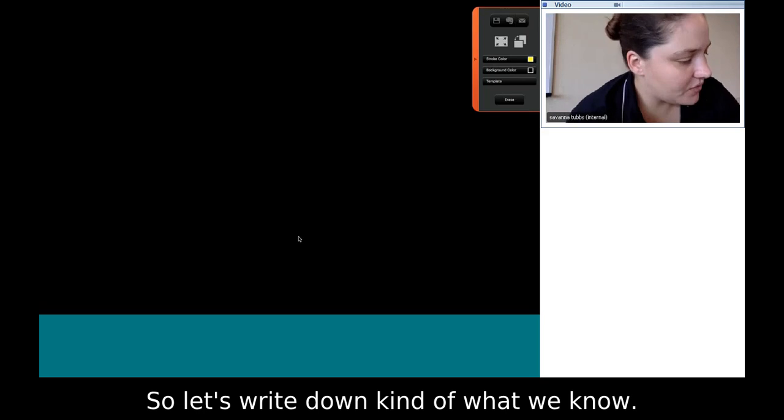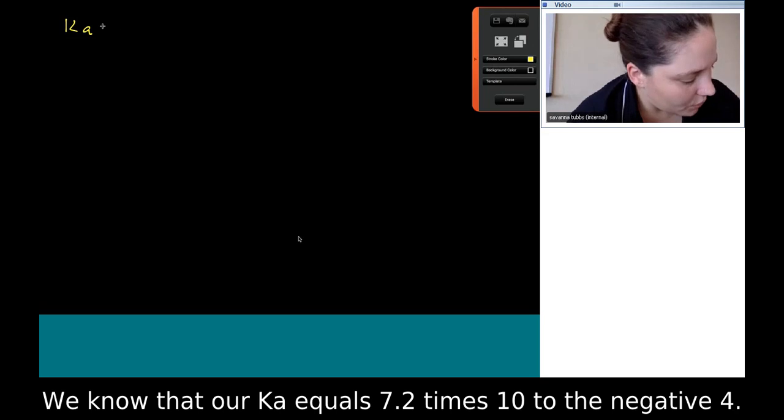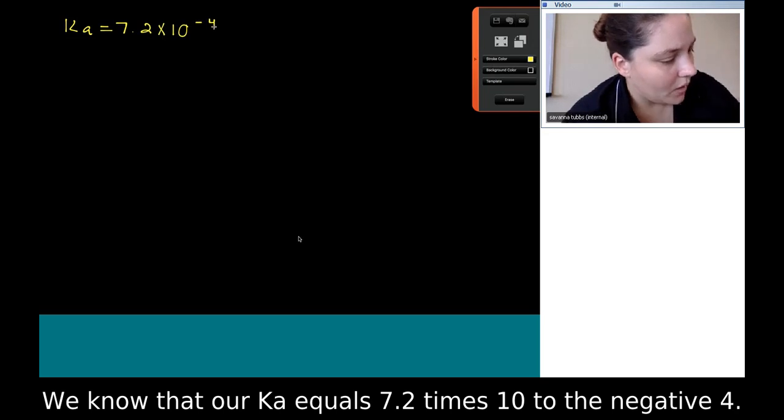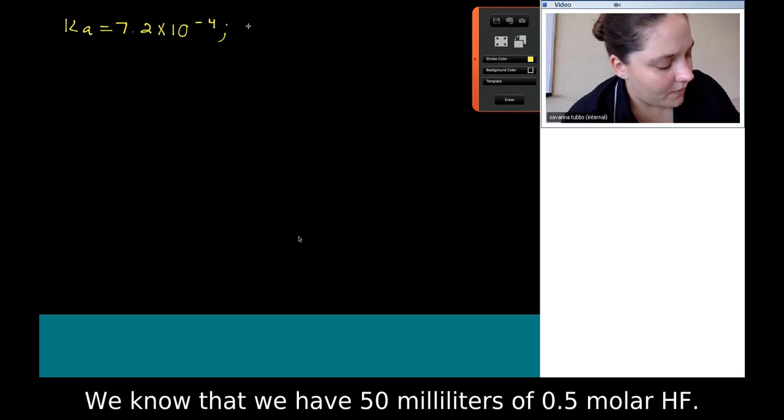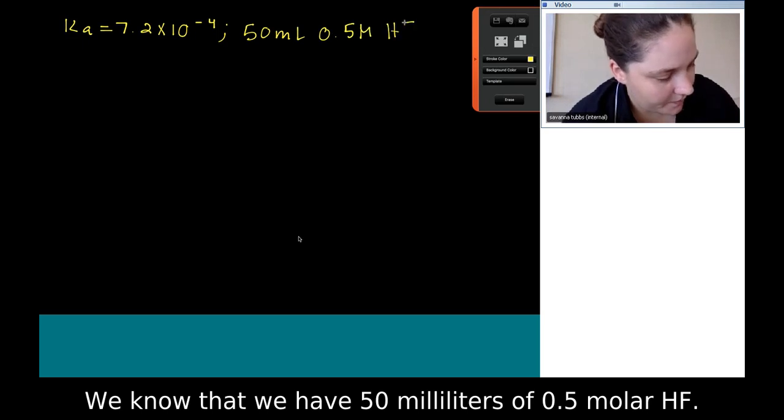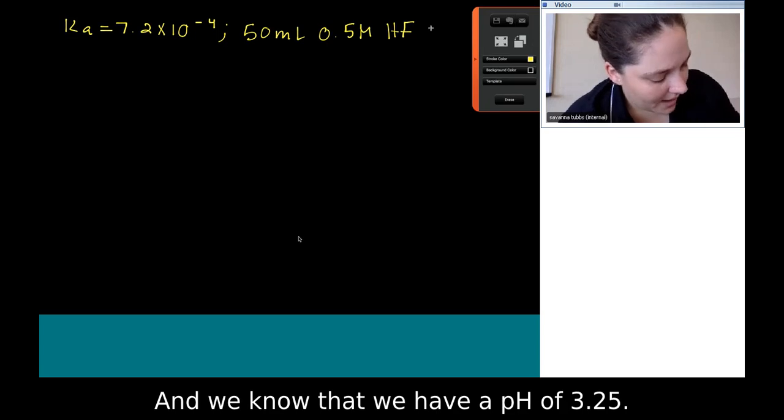So let's write down what we know. We know that our Ka equals 7.2 times 10 to the negative 4. We know that we have 50 milliliters of 0.5 molar HF. And we know that we have a pH of 3.25.